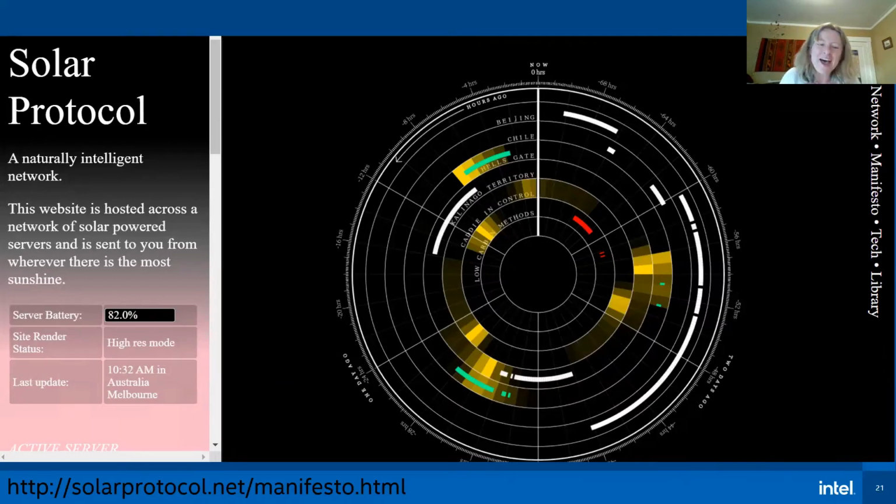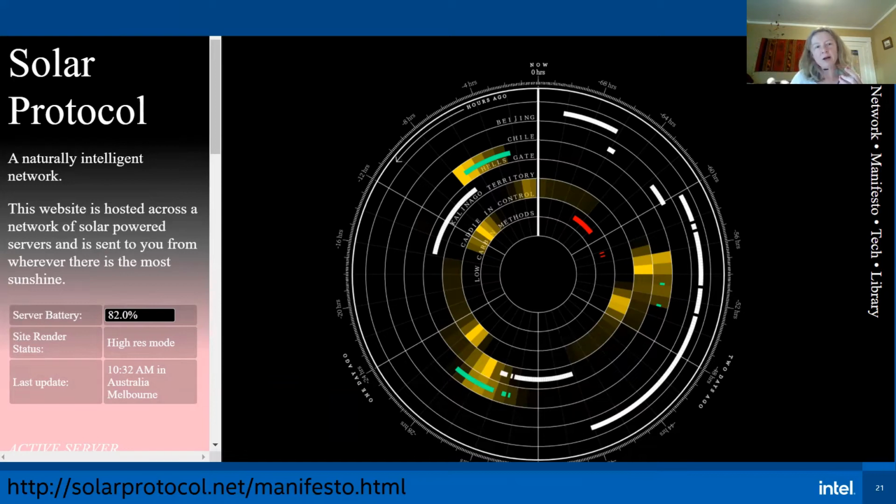But there we go. Another really interesting foray here is something called Solar Protocol, which is an artifact making and doing project that just came up recently in 4S, which is the Society for the Social Studies of Science, which is my professional association.